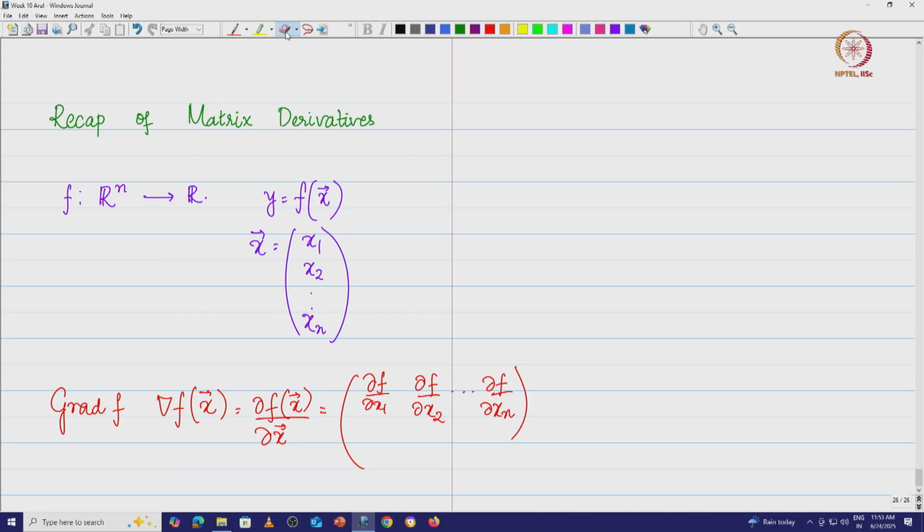And we also studied some properties of matrix derivatives.